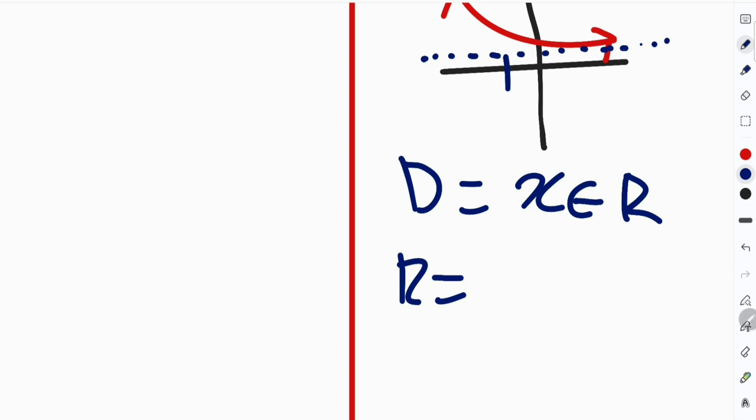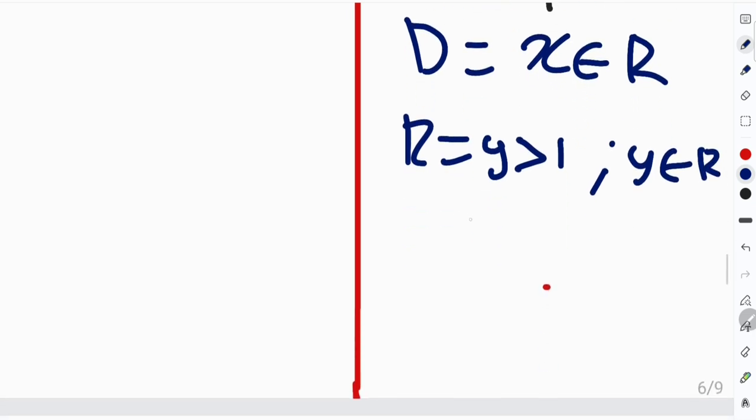So here, let's say my asymptote is 1, it doesn't touch 1. So I can say this is where y is greater than 1. You can see here I'm not putting y is greater than or equal to, because my graph does not touch the asymptote, so it's not equal to 1. It's greater than 1.